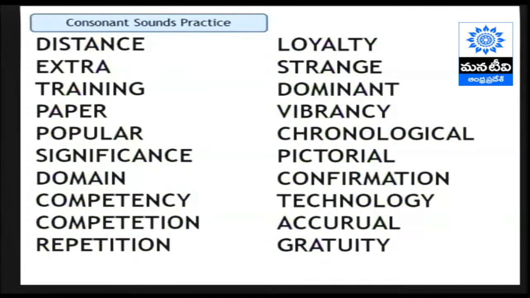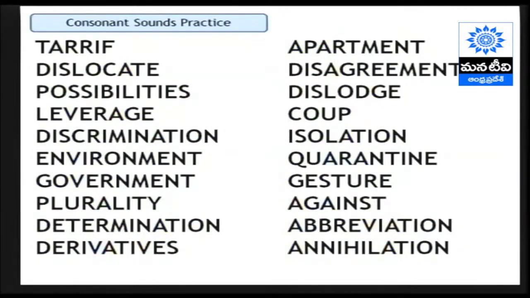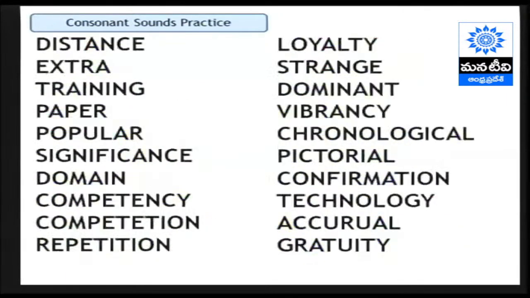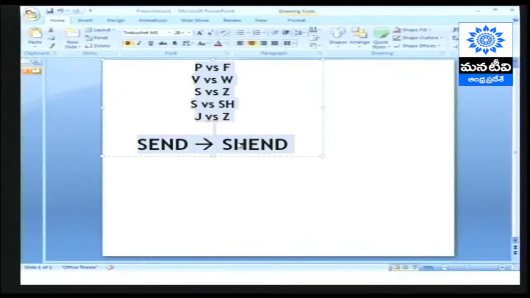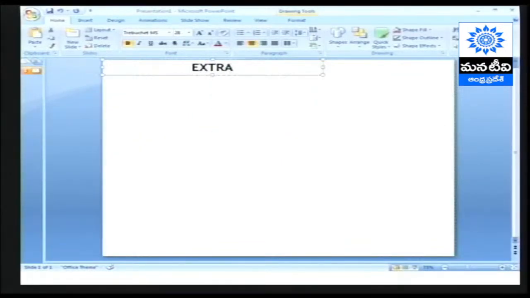Some more words for you. Distance, extra. A lot of people mispronounce this word extra. They say ekestra. It's not ekestra. So let me break down some of the words to make it simple, to make you understand how to pronounce it. All right? So this is the word.